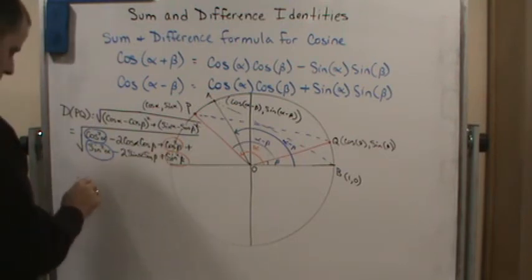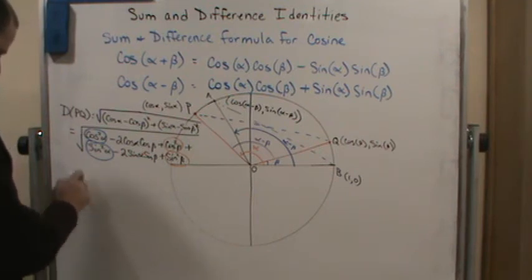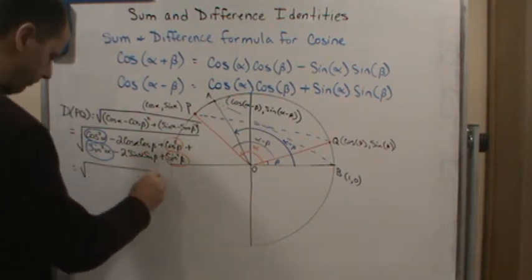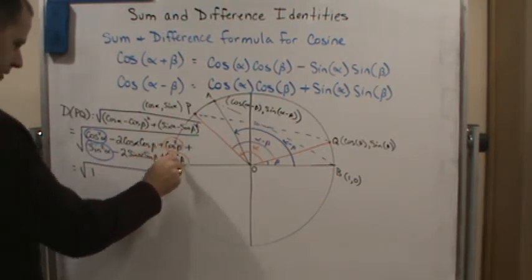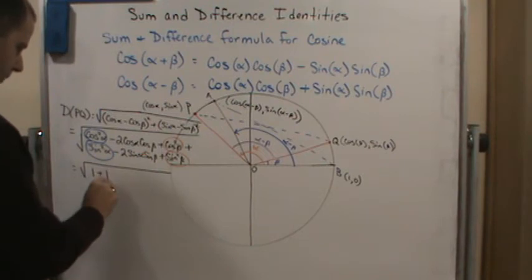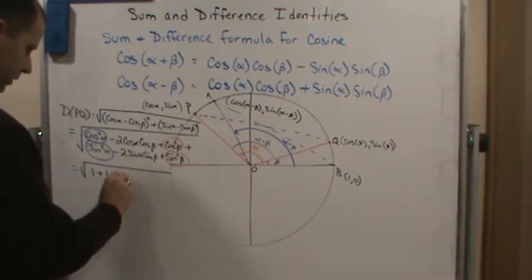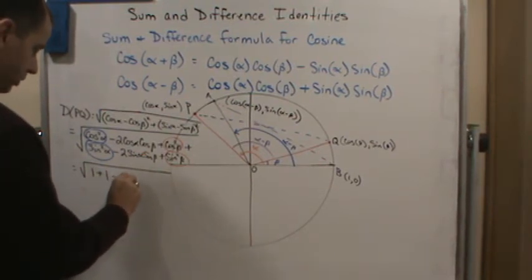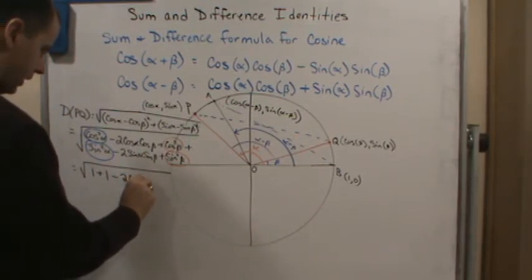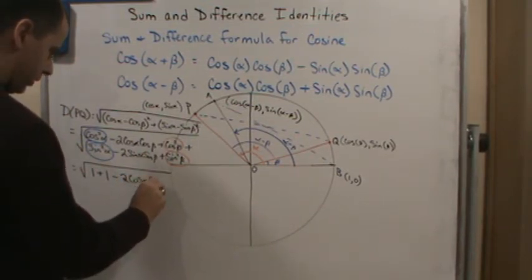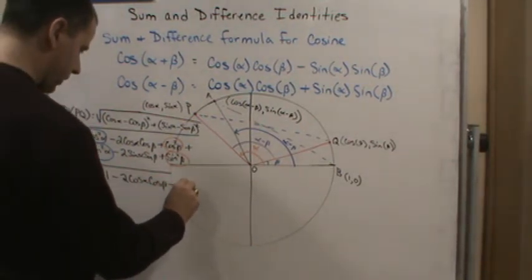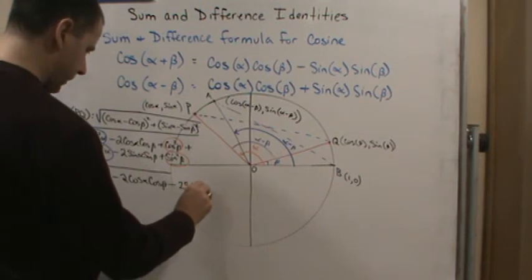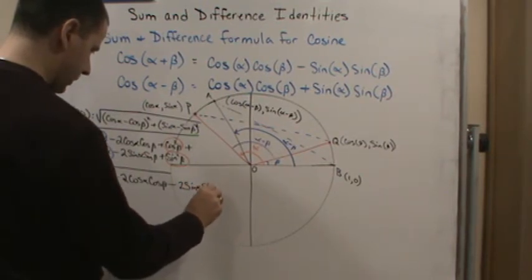So we have 1 plus 1 minus 2 cosine alpha cosine beta minus 2 sine alpha sine beta.